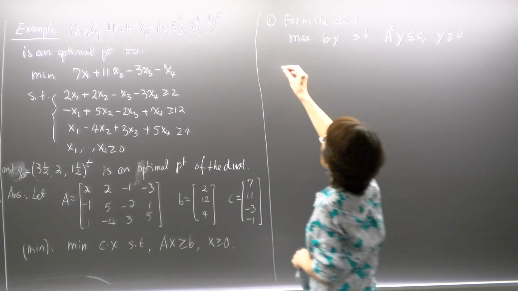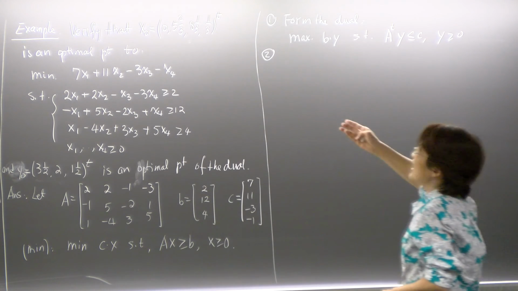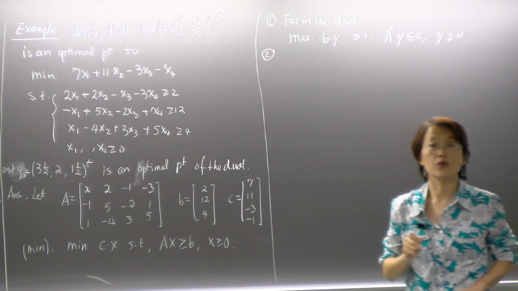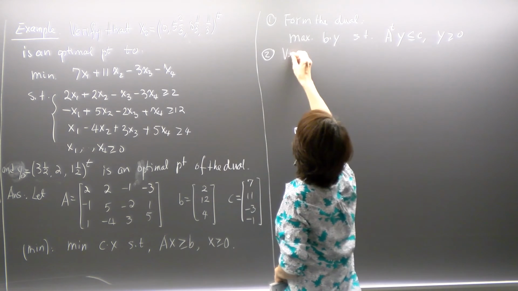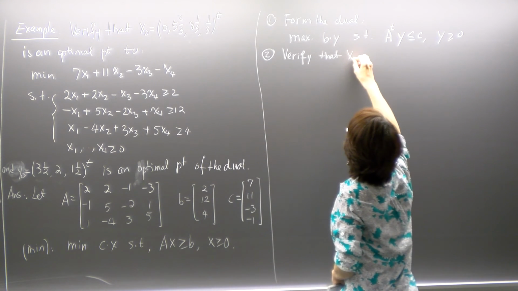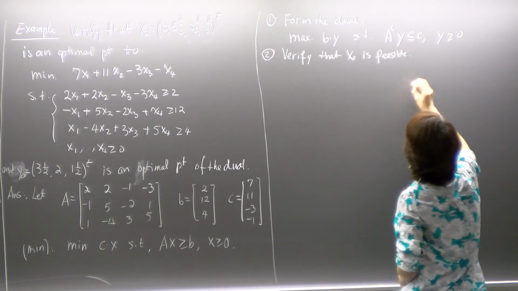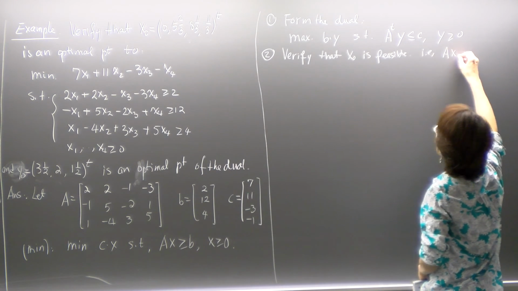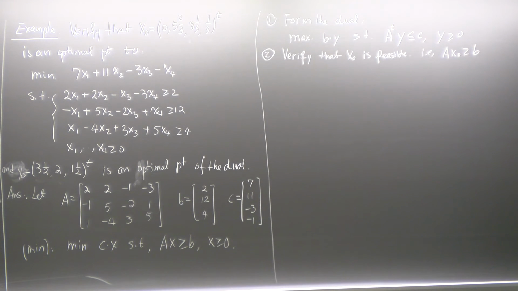Now step 2, I need to verify. Before I can claim this is an optimal point, I need to first verify whether it's feasible. If it's not feasible, there's nothing to talk about. So verify that x naught is feasible. I need to show that A x naught is bigger than or equal to b.